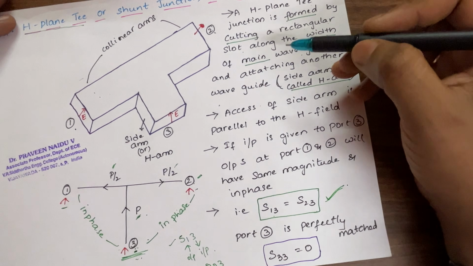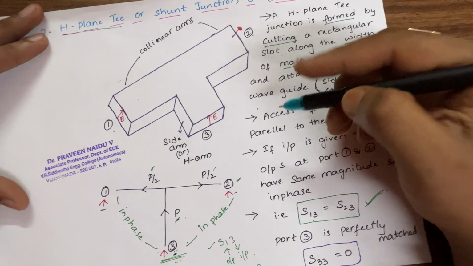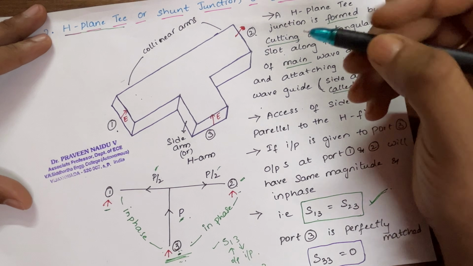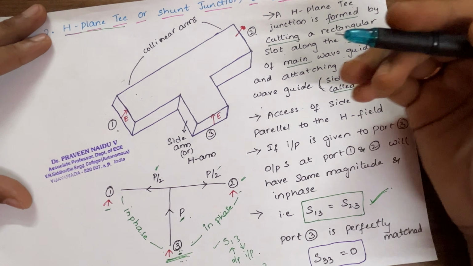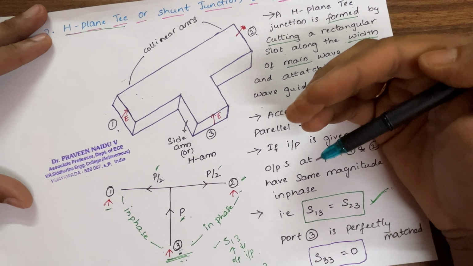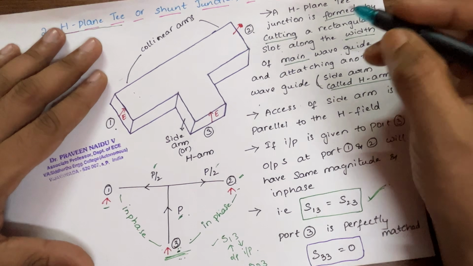As we have already discussed, in the case of the E-plane T, only one port is perfectly matched. When we have a perfectly matched port, that means when we give input to that particular port, 0% power will come back towards the same port. That means there won't be any loss, that is perfectly matched.